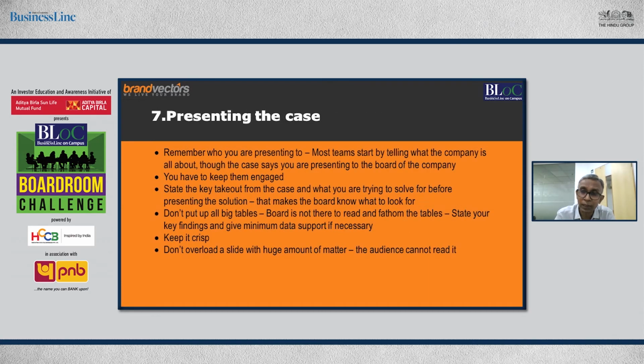So the final step is then coming to the presentation. When you're going to make the presentation, the kind of thing that you need to remember is very important. First of all, who are you presenting to? Very often, not just very often, in 90% of the cases I found, people start off by presenting about the company, what it is doing, what its history has been.